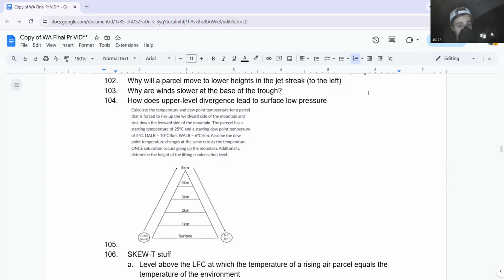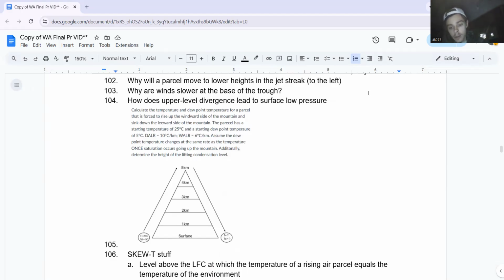All right, next, why will a parcel move to lower heights in the jet stream? Remember, I said why is it going to move high up? I say up, really northward typically, but really left in the jet streak that is like this, so it's really north. Why does it do that?